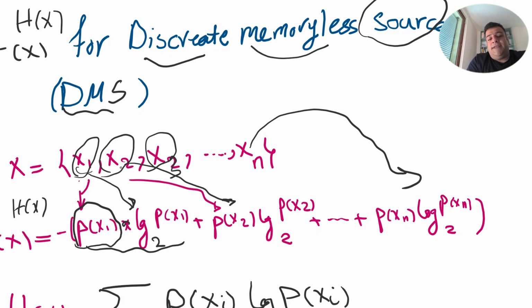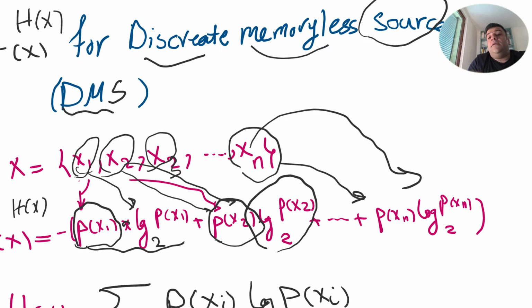Also for x2 it is P(x2) times log P(x2) in base 2, and until xn the formula is the same, P(xn) times log P(xn) in base 2. After that, we must add them, taking an average for all of them, but in the end with a minus, guys.